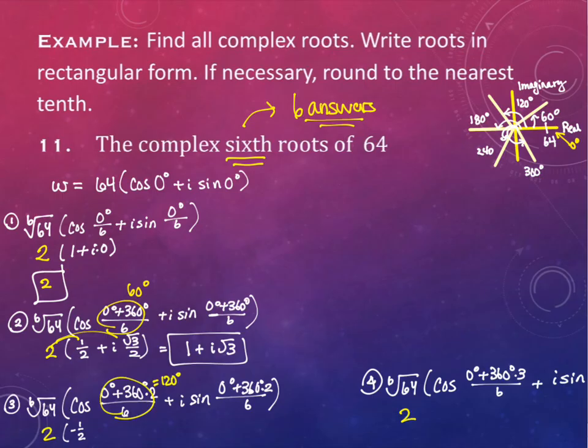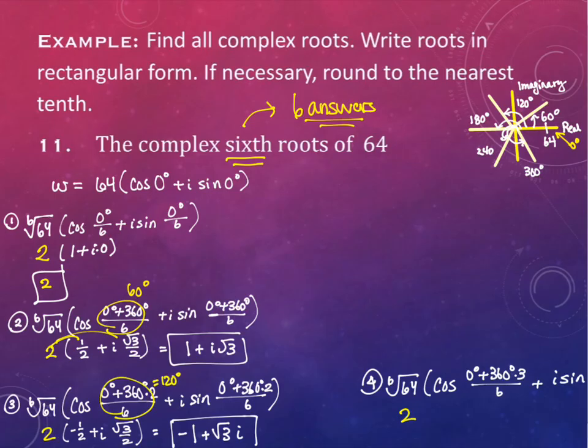I'll save you the details for the moment to remind you, but this is negative 1/2. And then I have i, and the sine value is positive. It's square root 3 over 2. Distributing that through ends up giving me negative 1 plus square root 3i, or i square root 3. I'll put it that direction just so you can see that either of those versions is pretty okay.